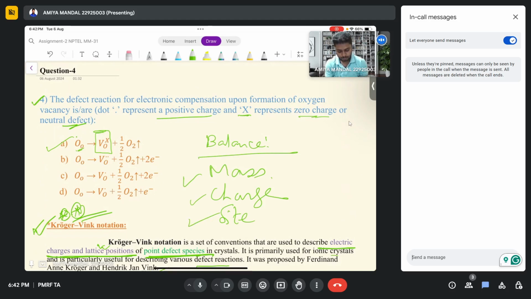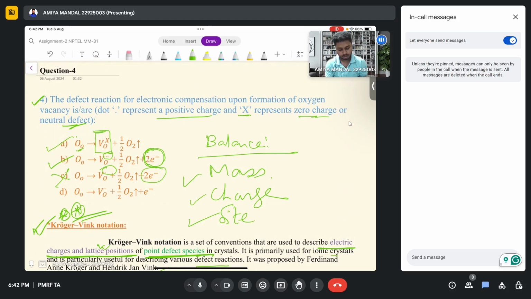Next, we can say two unit positive charges at the oxygen site. To compensate these two unit positive charges of the oxygen vacancy, two electrons have been left out. Okay. So this also is correct. But this is not correct because two electrons are not compensated by the two unit positive charges of the vacancy site.